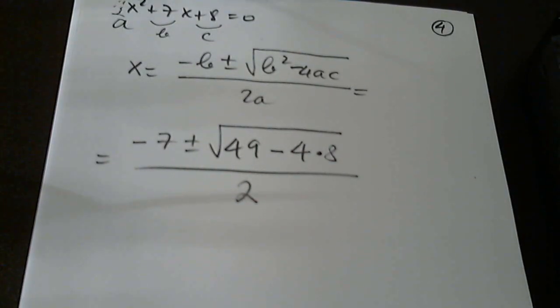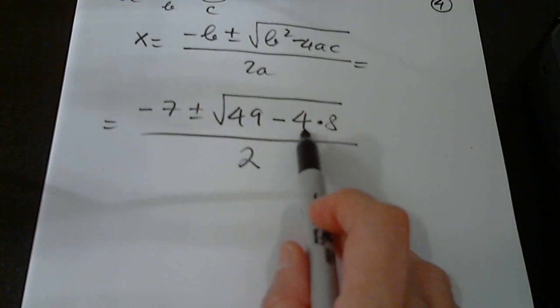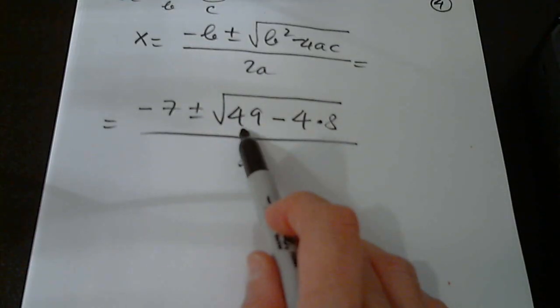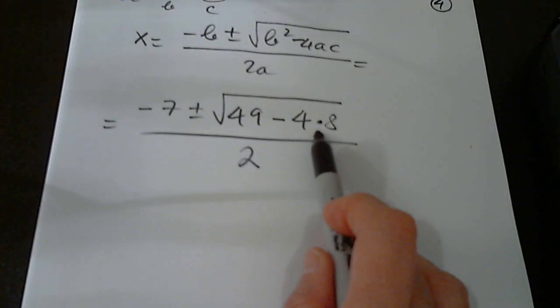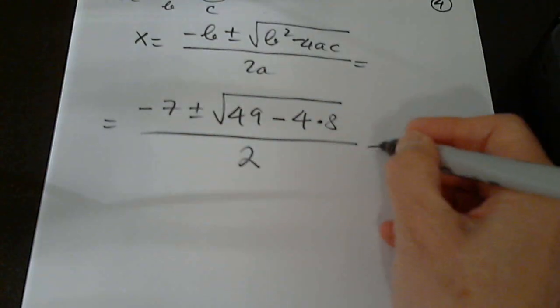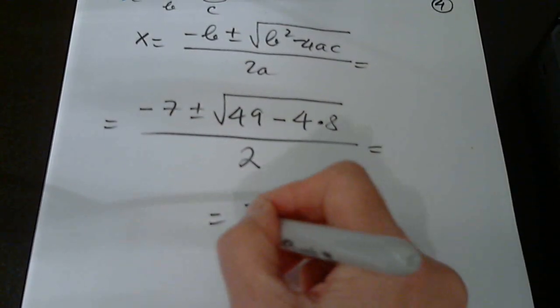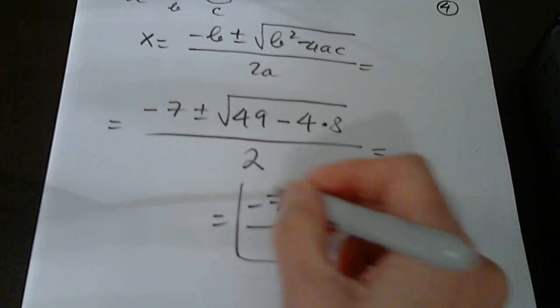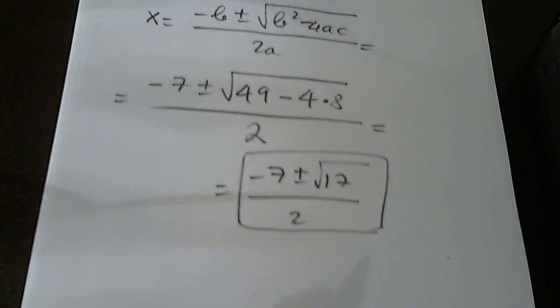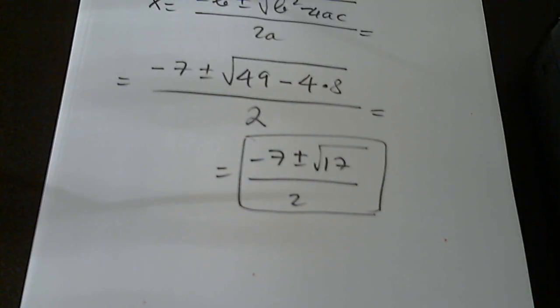Don't try to simplify anything. So 49 minus 32 is 17. Negative 7 plus or minus the square root of 17 divided by 2. And this is it, and nobody can change that.